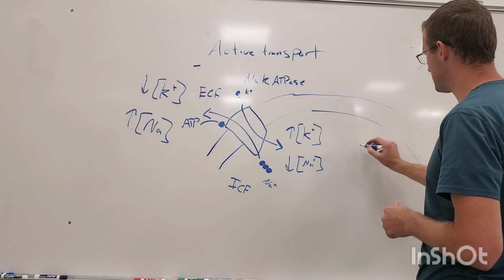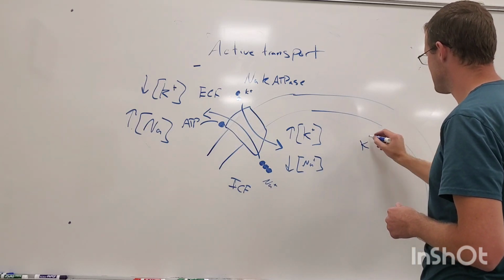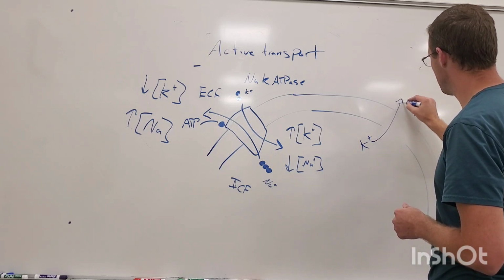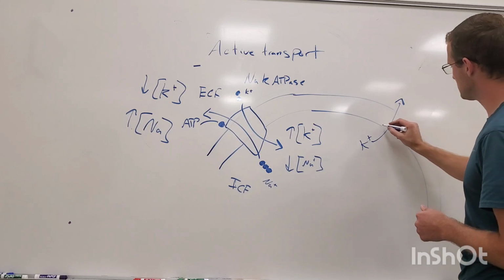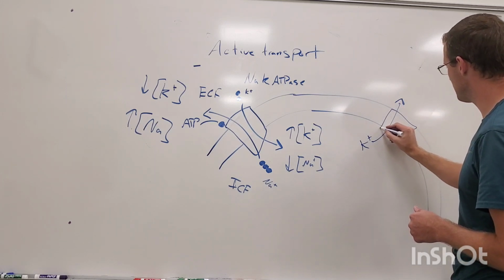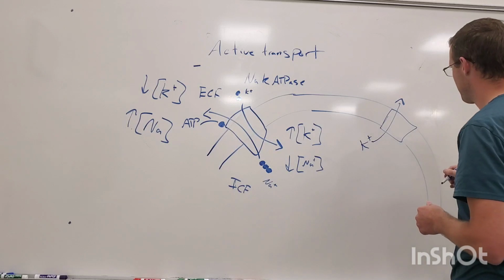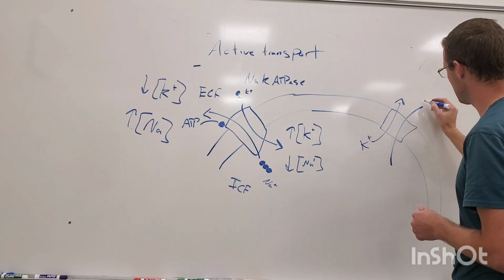We can use the energy from potassium wanting to go out through its concentration gradient to bring something else out with it.